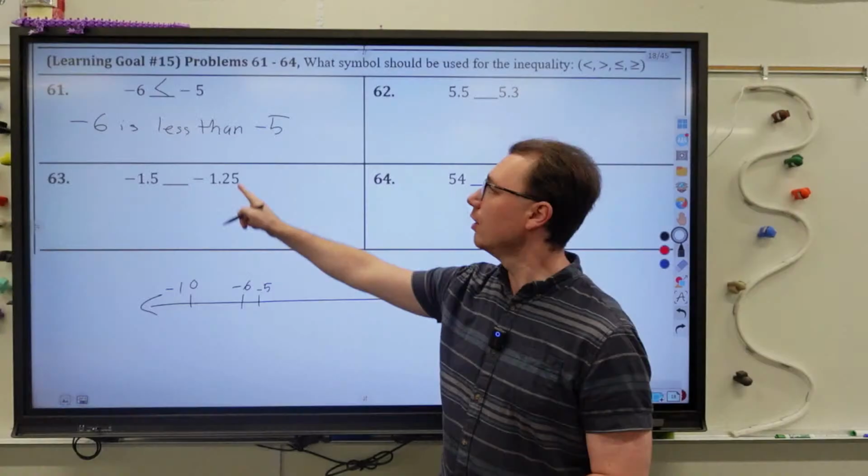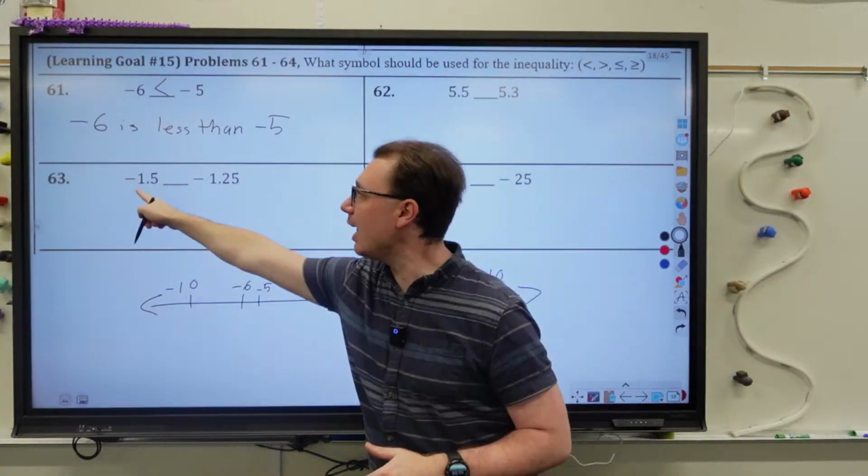Notice that -1.5 is between -2 and -1, but between -1.5 and -1 is -1.25. Since -1.5 is further to the left on this number line, it's less than -1.25. We can write -1.5 is less than -1.25.